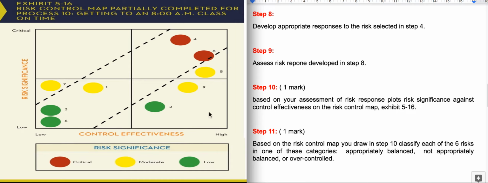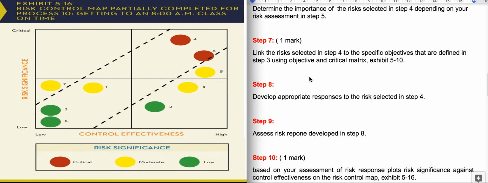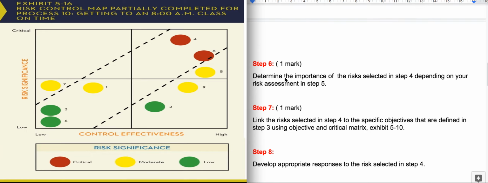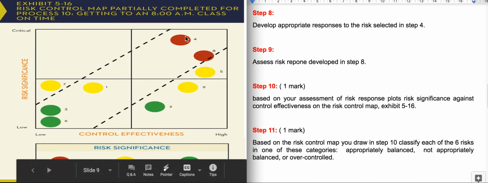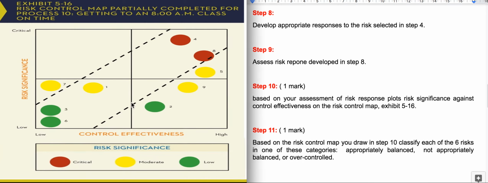Now in step 10, you need to place, for example, a risk you have assessed as very high, or in step 6 you identified that risk 1 is very important, and in step 9 you determined that the control or response is very effective. So risk significance is very important, and the control effectiveness is very effective. So you place it here. Otherwise, you place it anywhere else here.